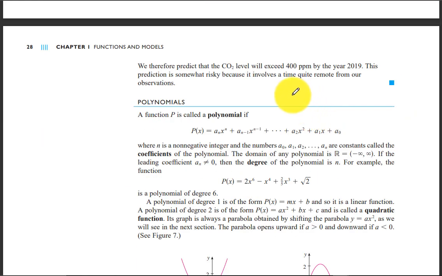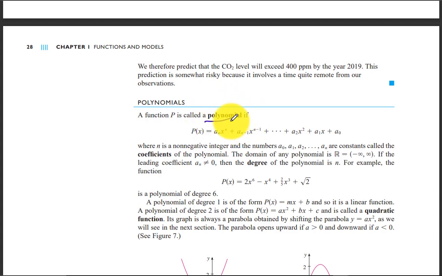Okay, so after linear, if we want to get a little bit more flexible, a little bit more complex, we can talk about polynomial models. And this is what we mean by a polynomial. So it's got a power of n, and then a power of 1 less than n, and it goes all the way down to a constant term. So for example, this would be a polynomial.